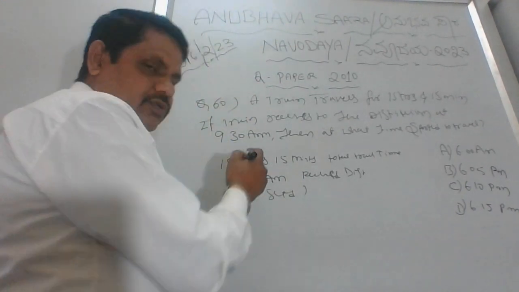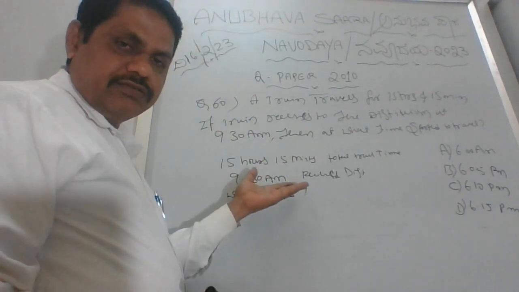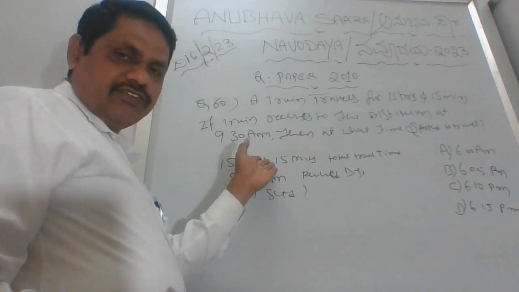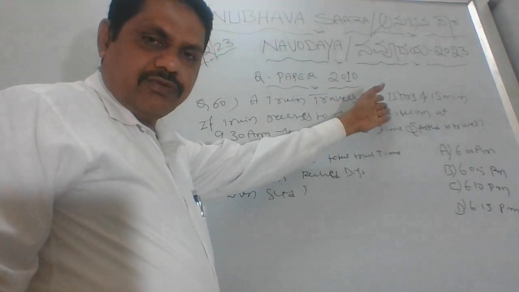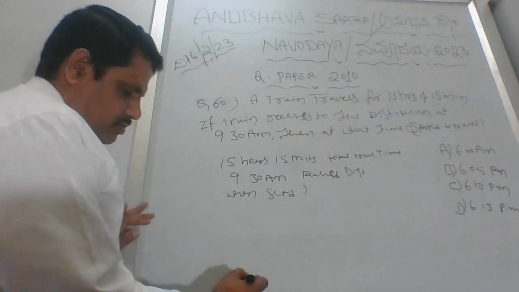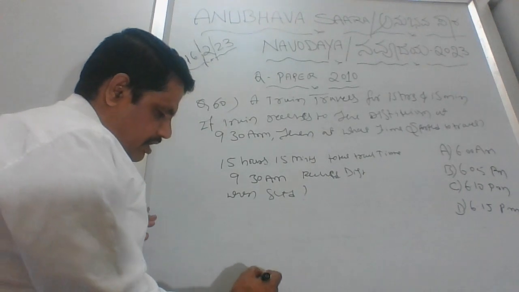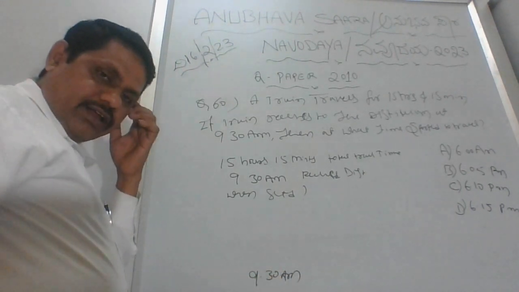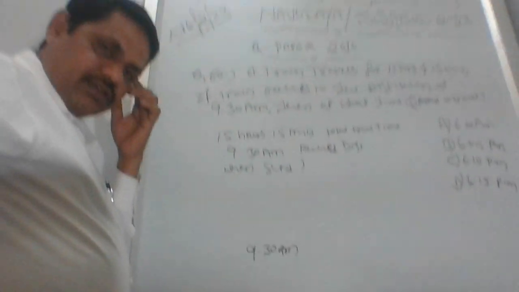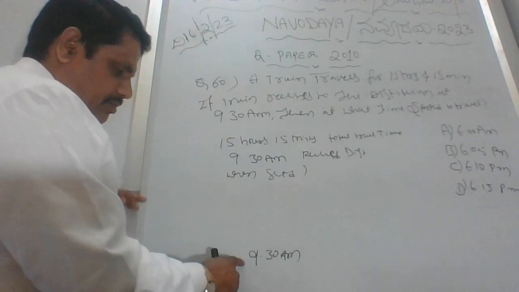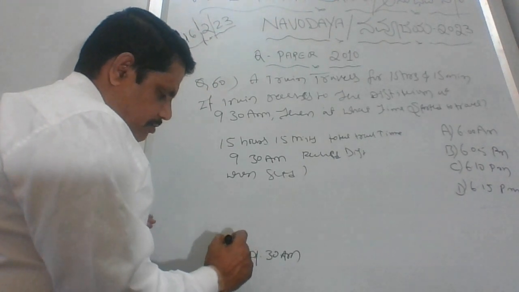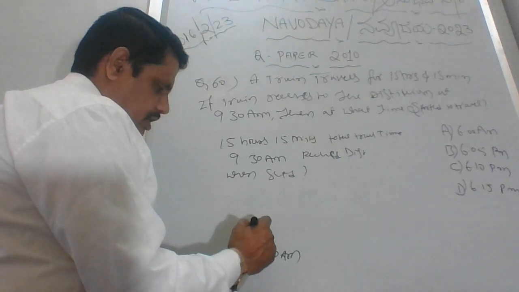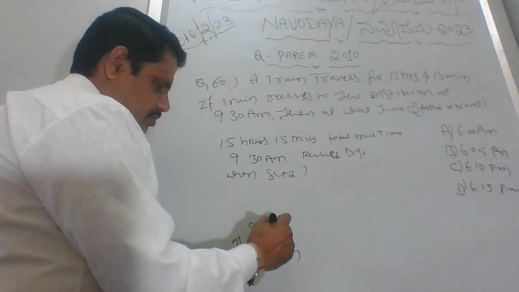So what we'll do is go back. Why should we go back? Because they already started and reached here, but we have to understand where they started. Now, what is the time they reached? 9:30 AM. Then I'll make it simple: 9:30 to 9:30 PM.